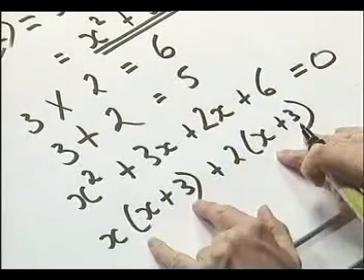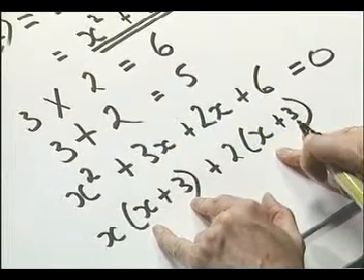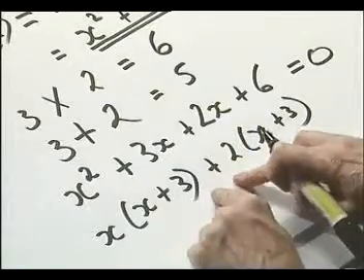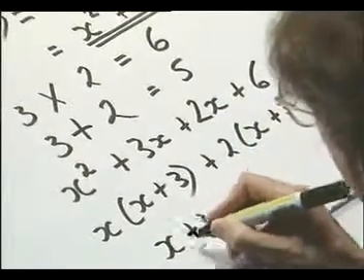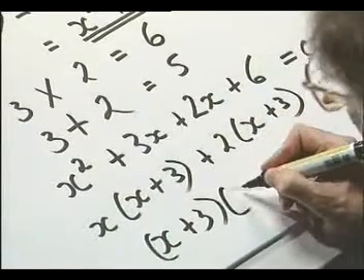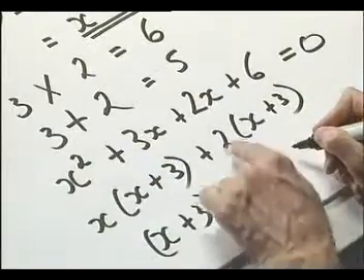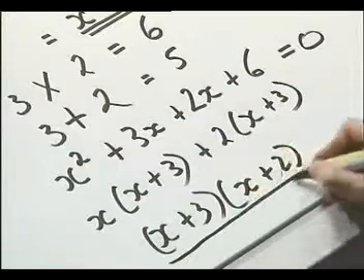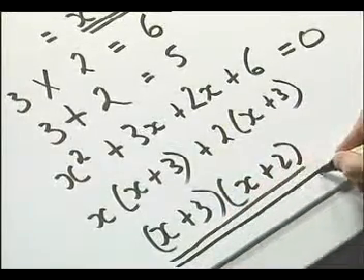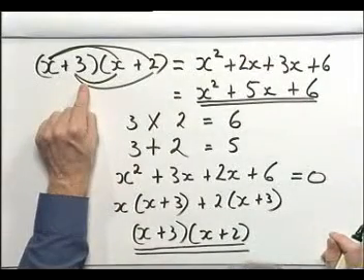And then we've got this common factor of x plus 3 in each of these two lumps of algebra. So we can take out that x plus 3, and we've got the other factor left, x times by x plus 3, and 2 times by x plus 3. And so we've arrived at that factorisation, those brackets that we started off with.